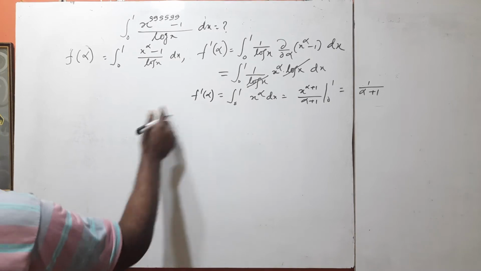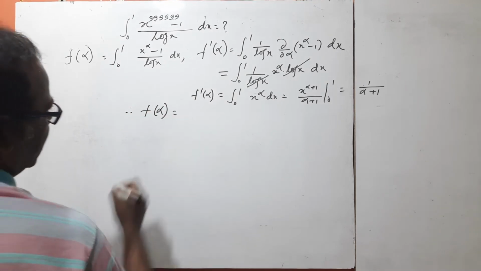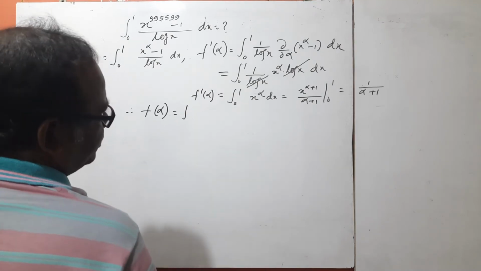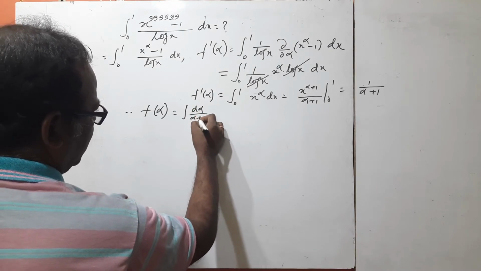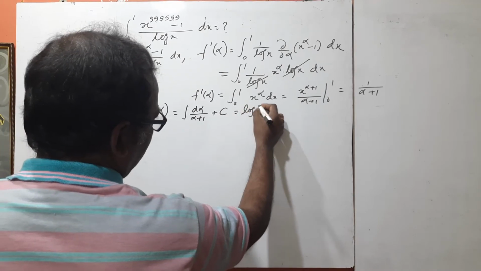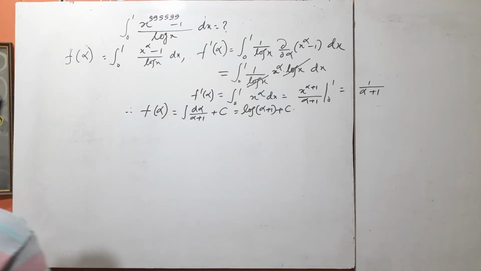If we integrate f dash alpha, we get the integral of d alpha over alpha plus 1 plus c, that is, logarithm of alpha plus 1 plus c.